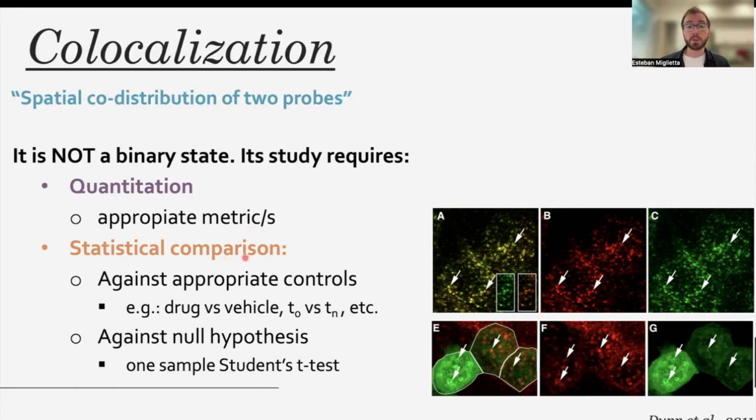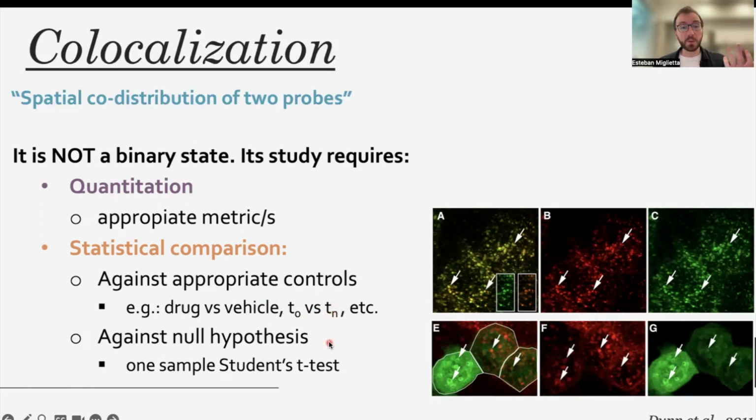So usually what you want to do is establish some sort of comparison, either between a control and a treatment, for example cells treated with a drug versus cells treated with a vehicle, or some kind of biological specimen at time zero versus after some amount of time.